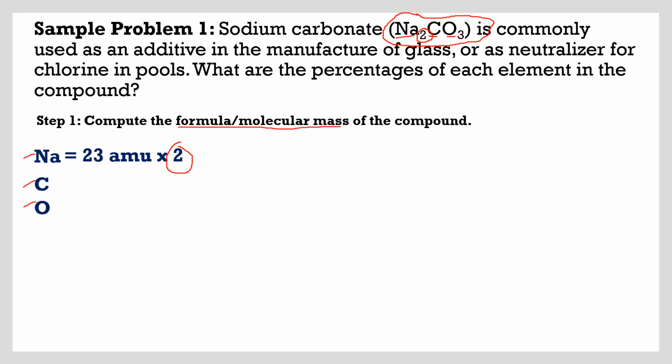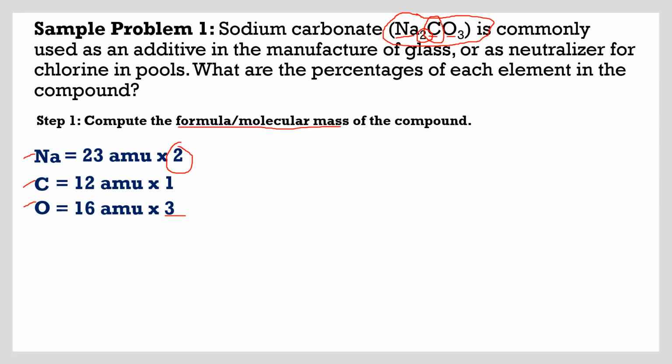For carbon, the atomic mass is 12.01, so we use the whole number: 12 times 1, because there is only 1 carbon atom in the chemical formula. And lastly, oxygen has an atomic mass of 15.99, so that will be 16 times 3, because it has 3 atoms of oxygen.